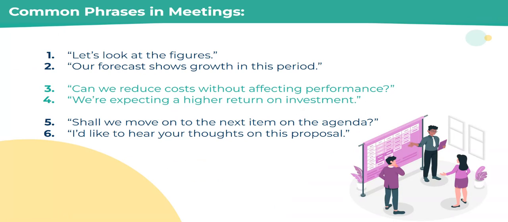Number 3, can we reduce costs without affecting performance? Number 4, we're expecting a higher return on investment. Number 5, shall we move on to the next item on the agenda? Number 6, I'd like to hear your thoughts on this proposal.